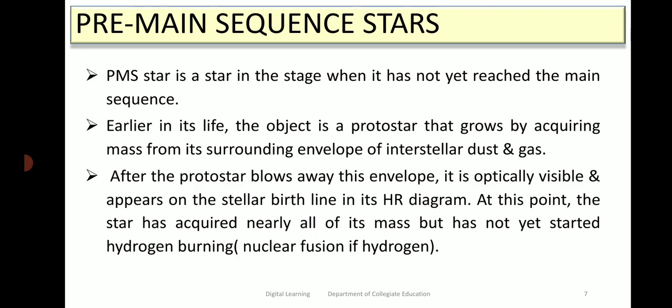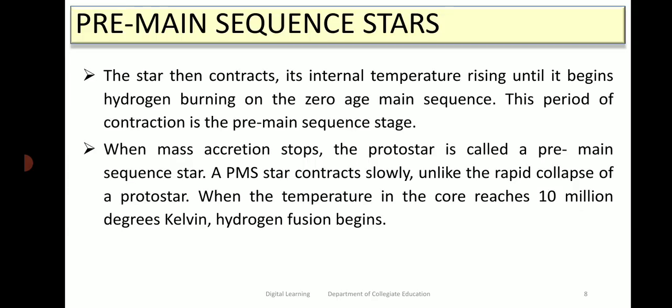At this point, the star has acquired nearly all of its mass but has not yet started hydrogen burning, that is, nuclear fusion of hydrogen. Now we will understand more about the pre-main sequence stars.